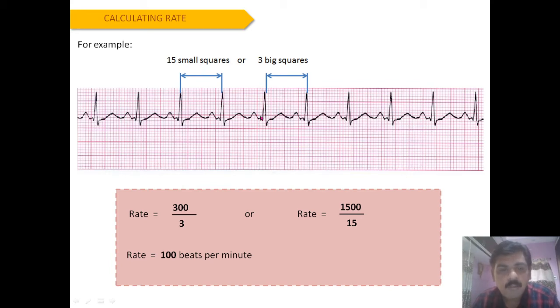This is the QRS complex, this is a P wave and this one is a T wave. In between two R waves there are three big squares, and therefore the rate is equal to 300 divided by 3, that equals 100 beats per minute, or rate is equal to 1500 divided by the 15 small squares. That is the rate.